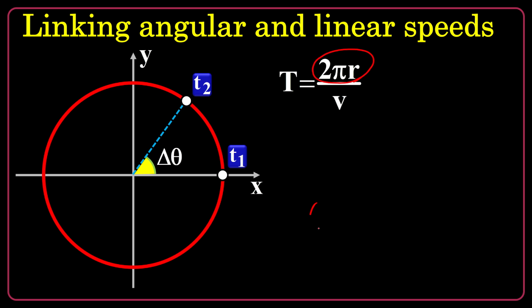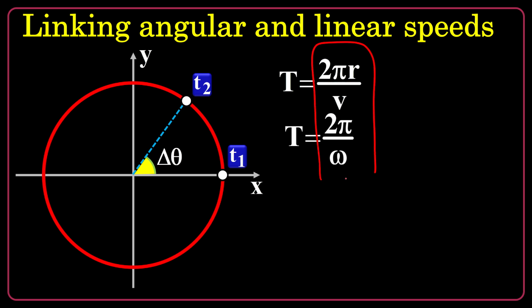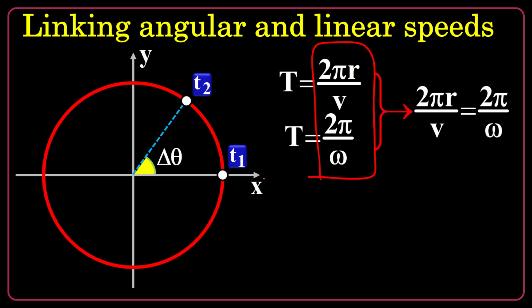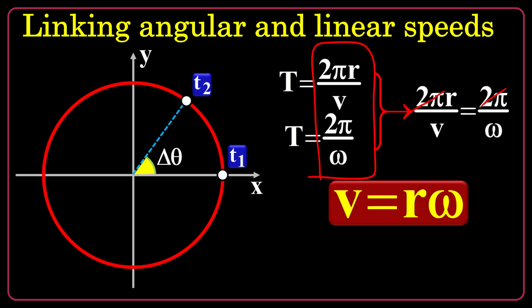On the other hand, omega was 2 pi divided by T. And if I rearrange the equation and solve it for T, I will have T equals 2 pi divided by omega. Let's put them equal. 2 pi r divided by v is 2 pi divided by omega. If I drop the 2 pi's, I will have v is equal to r omega. Linear speed, angular speed, they are connected via r.